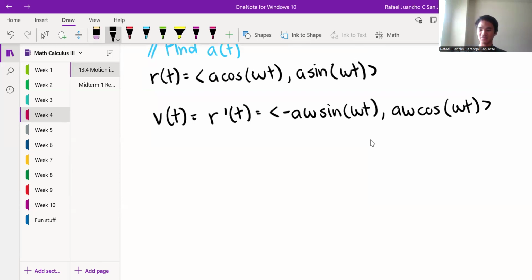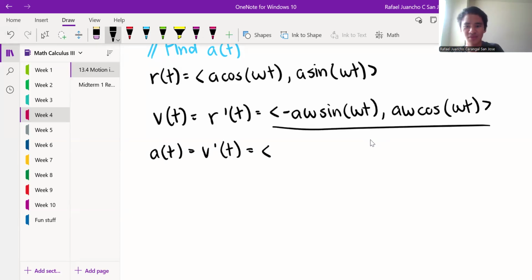So that's my velocity. And now I can go straight into finding my acceleration, which is just the derivative of this thing. So let's quickly do it. Well, my negative a and omega are constants, right? But here, this is not a constant. So this is cosine omega t. Looks like I do a chain rule again.